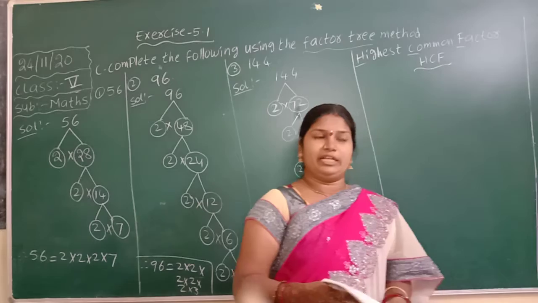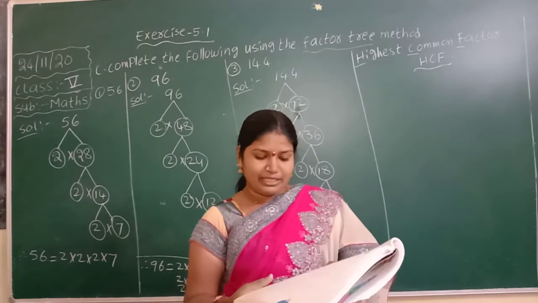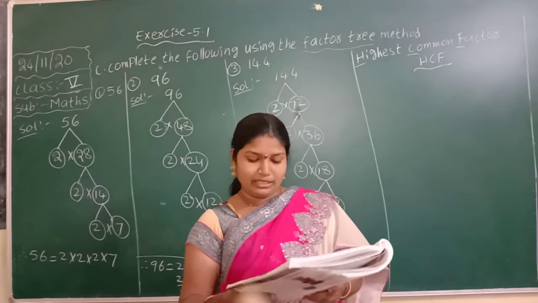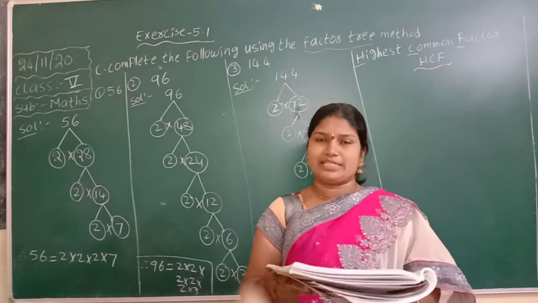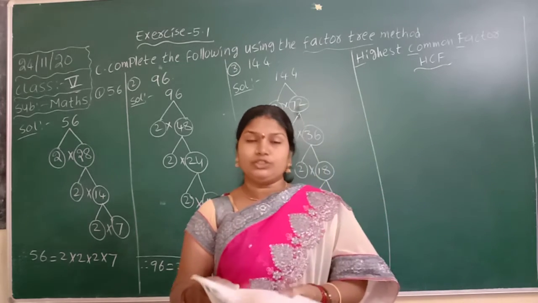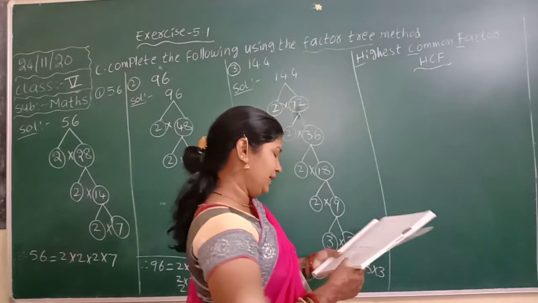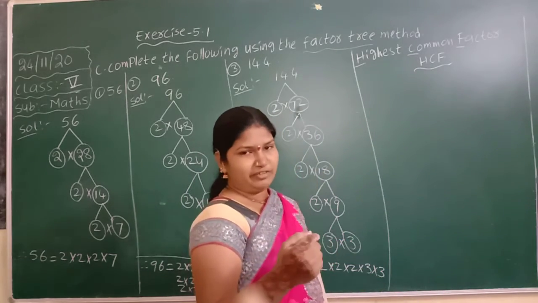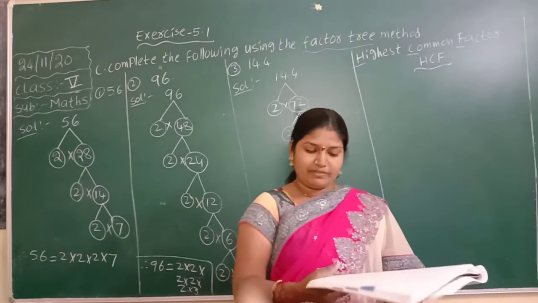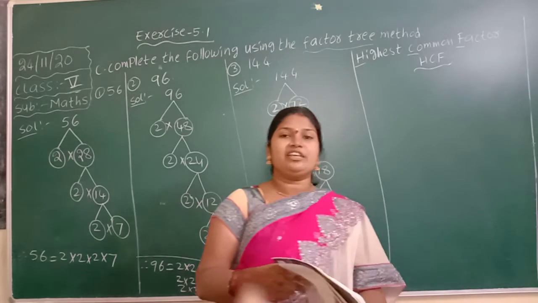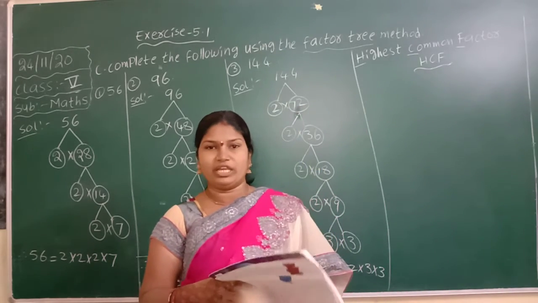And second property: if one number is a factor of another number, the smaller number is the HCF of the two numbers. For example, here 9 and 27 are two numbers. 9 is a factor of 27. Why?